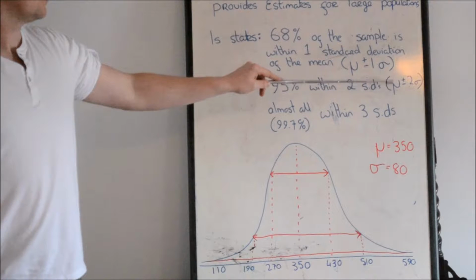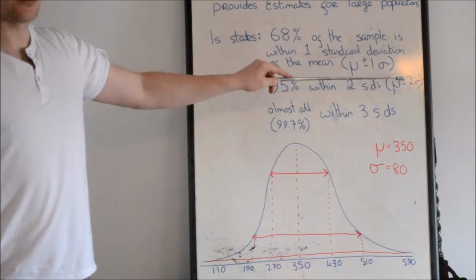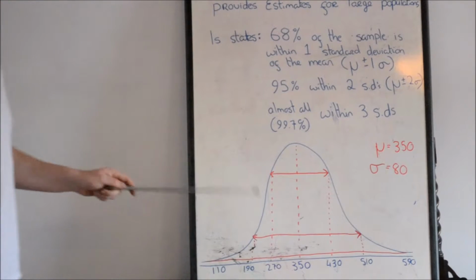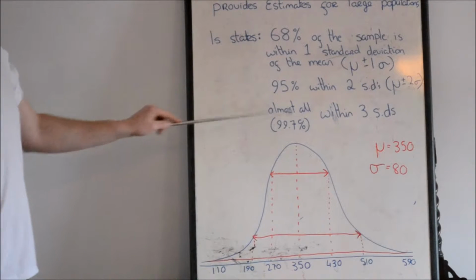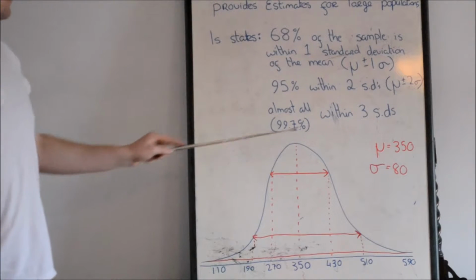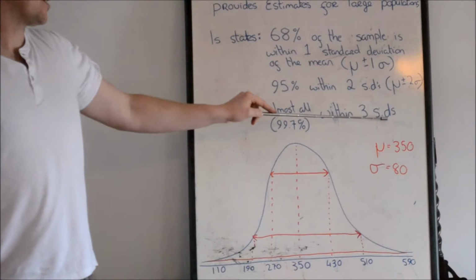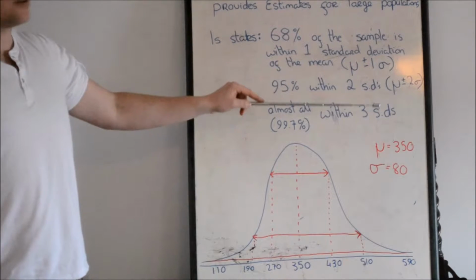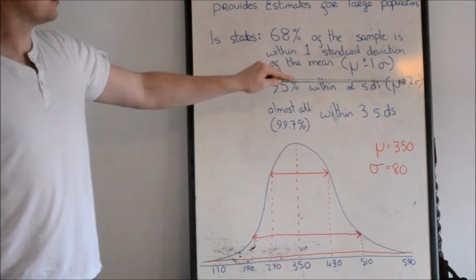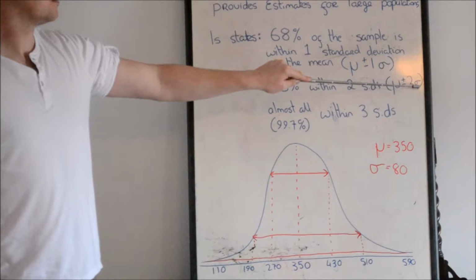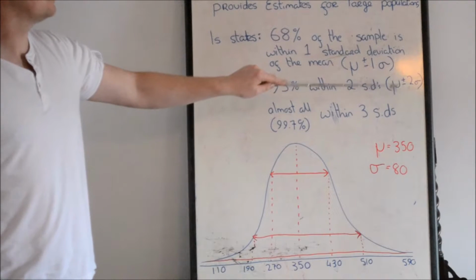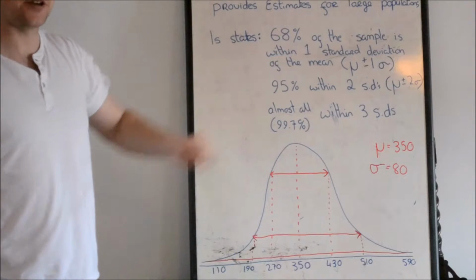So if you look at here, here's the mean, plus or minus two standard deviations. And almost all, around 99.7ish%, are within three standard deviations. So in mathematical terms, it would be mean plus or minus 3 standard deviations.